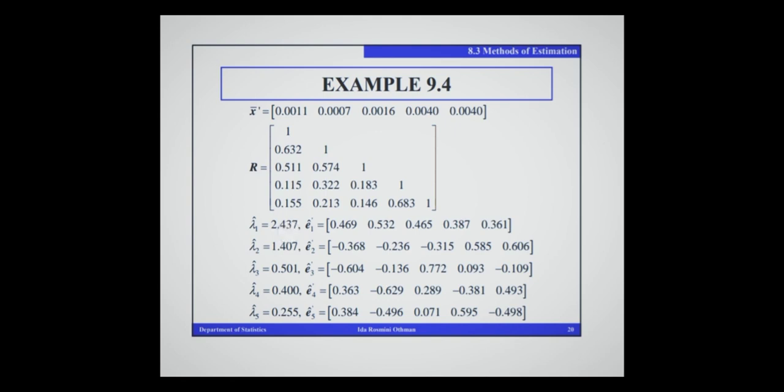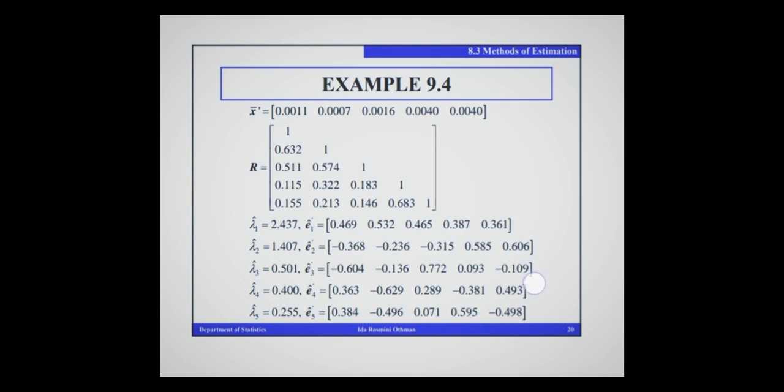So daripada lambda ni sebenarnya kita dah boleh cari, kan, first method, one of the method to know how many factors that can be chosen adalah gunakan value of lambda is greater than 1. So kat sini ada 2.437 and 1.402 are greater than 1. So we can say that we will choose the first two principal components to represent all the 5 variables.